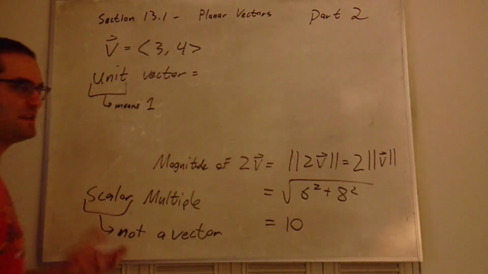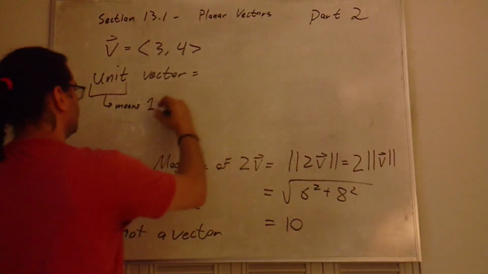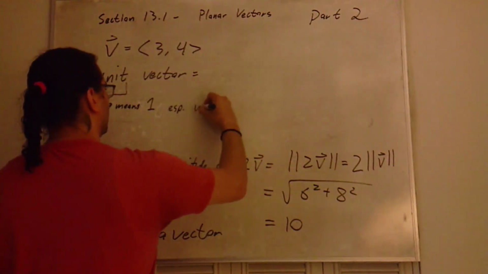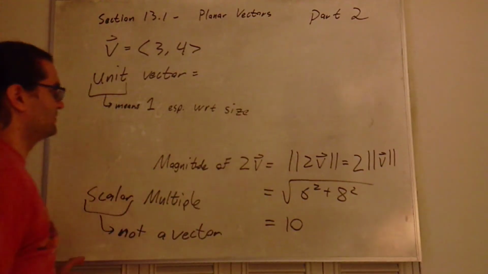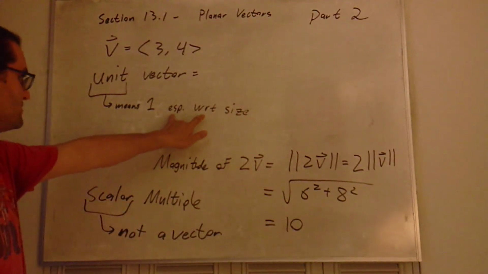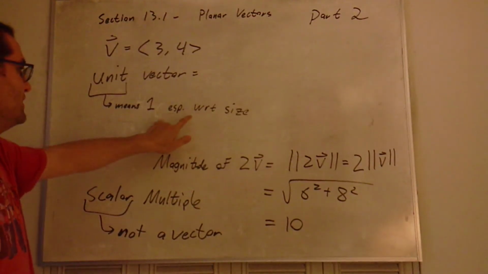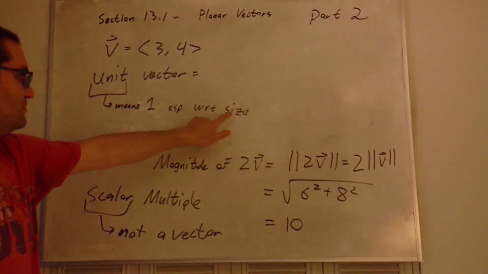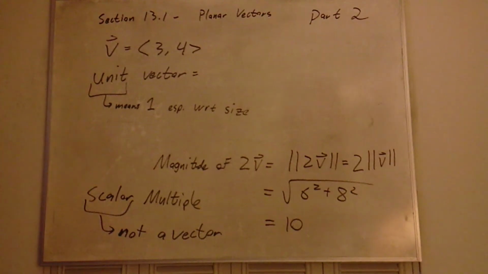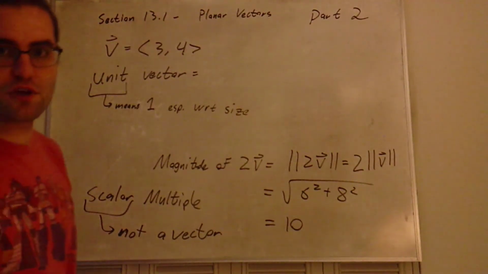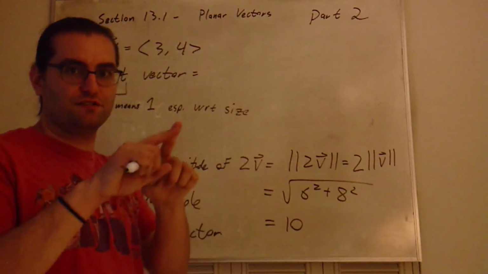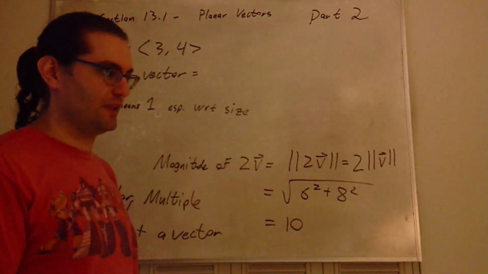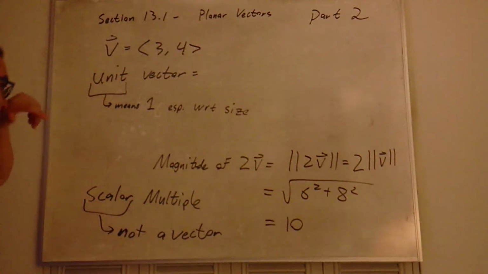It means 1, especially with respect to size. I'm getting really liberal with these abbreviations here. Hopefully you remember that from talking about the unit circle. The unit circle is called the unit circle because it has radius of 1. And that 1 is the unit.